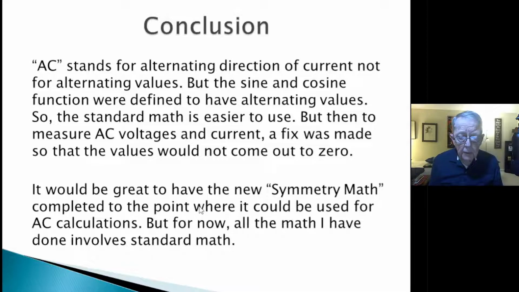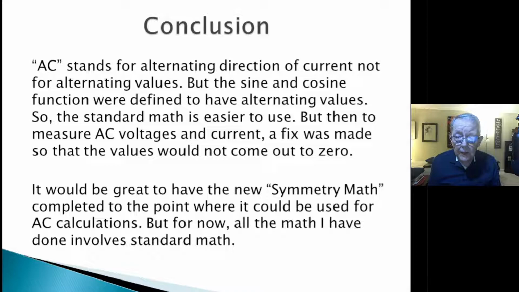If it were completed to a point where I could use it for the AC calculation, I'd love to do it. But I'm not familiar with it enough and haven't used it. So for now, all the math I've done involves standard math. Yeah, it's easier to use. But alternating current does not mean negative.